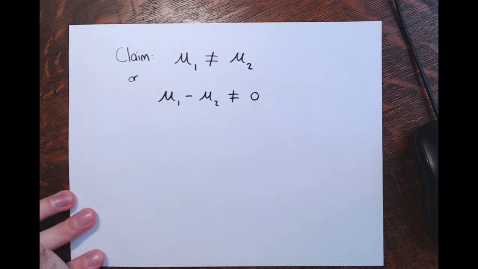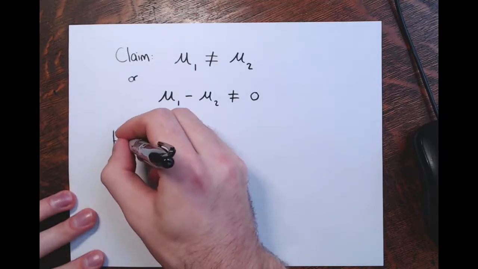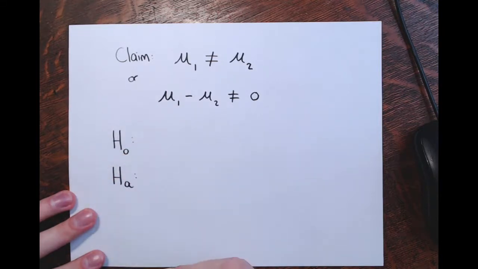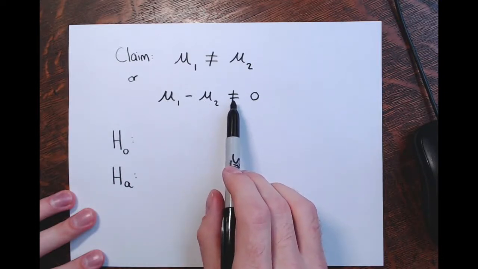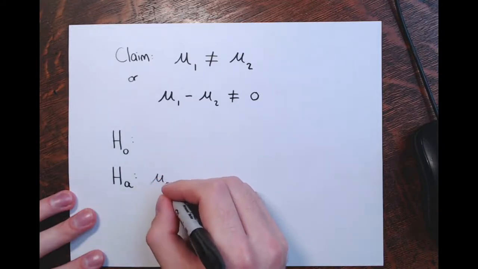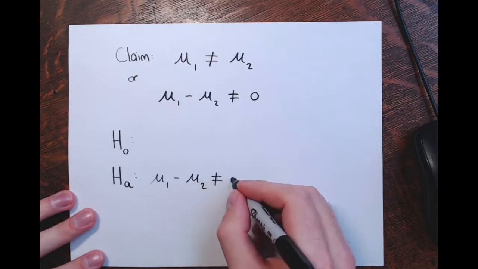And then once a claim is established, you can set up your hypotheses: a null hypothesis and an alternative hypothesis. This claim does not involve equals. It's not equal, so that's going to be represented by the alternative: mu1 minus mu2 is not 0.